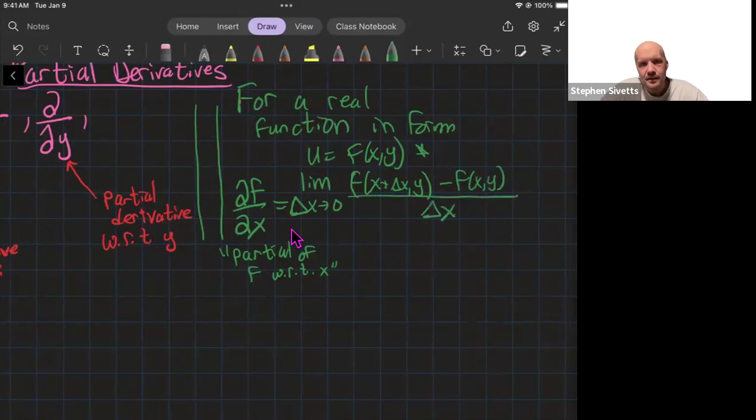Okay. So this is how you would express the partial of f with respect to x in terms of a limit.